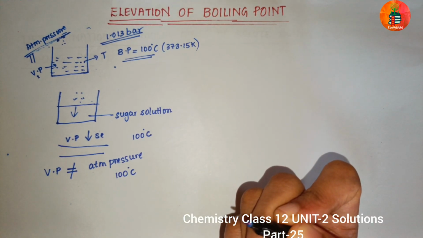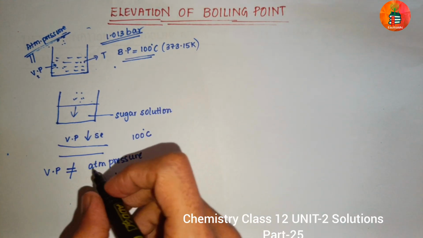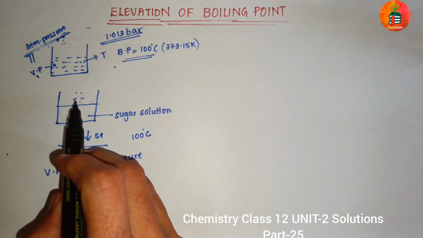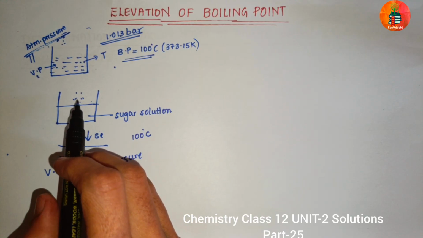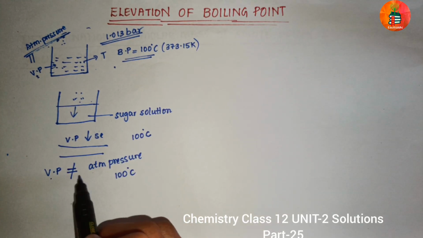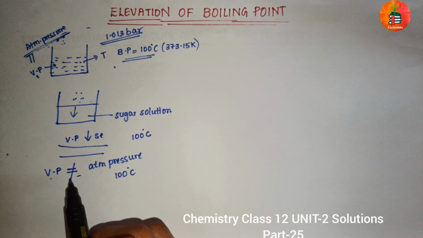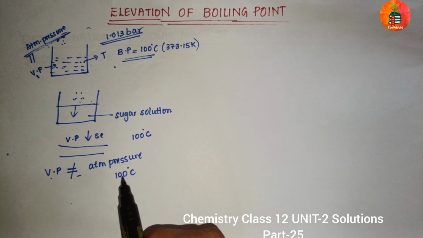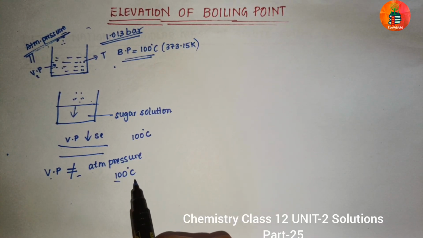Because of the presence of solute, according to relative lowering of vapor pressure, which we have seen, when you add a non-volatile solute, the vapor pressure decreases. So you can't reach atmospheric pressure when the vapor pressure is decreased, though you provide 100 degrees Celsius.